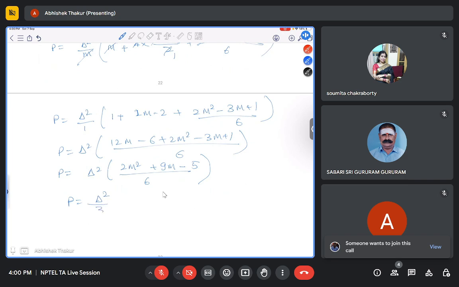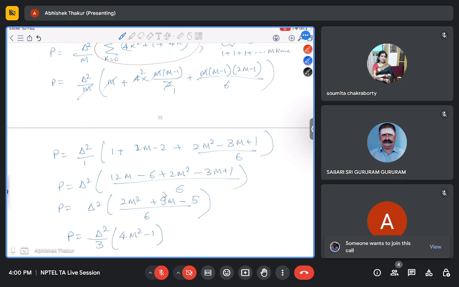So basically when we do it correctly, it will become 4M square minus 1. So I must have done some miscalculation.